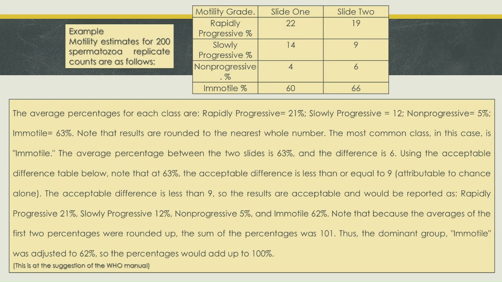Example. Motility estimates for 200 spermatozoa replicate counts are as follows. Motility grade: rapidly progressive percent, slide 1 22, slide 2 19. Slowly progressive percent, slide 1 14, slide 2 9.